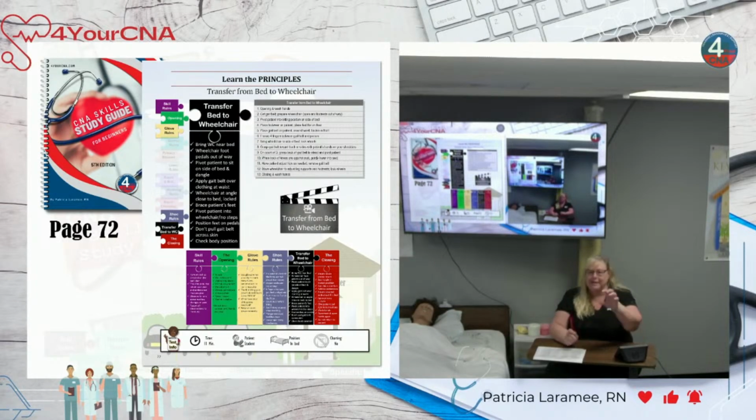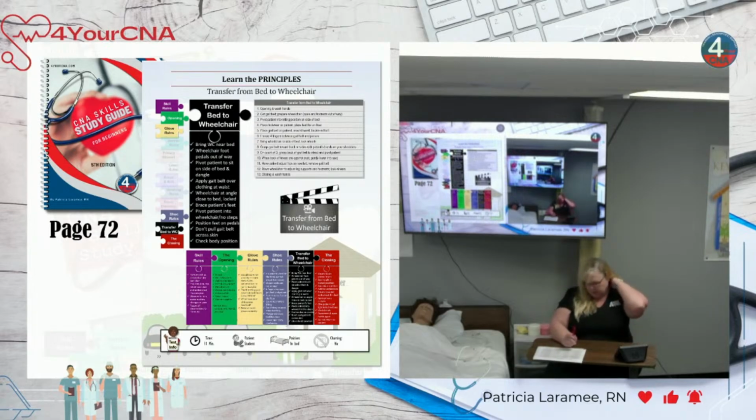So even though they don't need a CNA in that position, and you don't need to be certified, they may advertise it as a CNA position just to get you guys to apply. But then once you start working there, they call you something else. Make sense? Good. Okay. So when you're looking for a job, look for CNA jobs, but you also look for PCT, PCA, rehab tech, nurse tech, and so on and so forth.